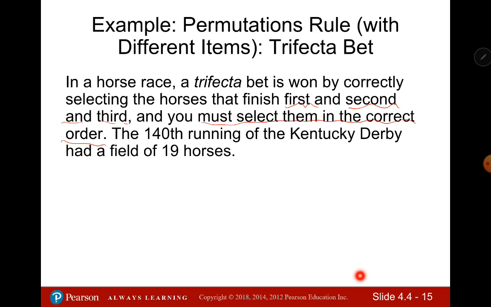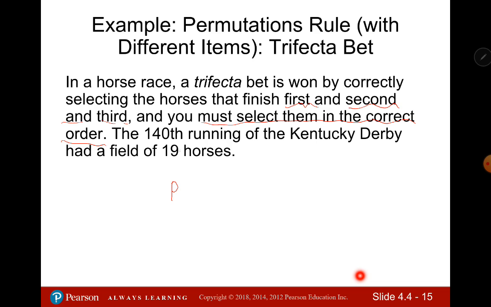If order matters, we should pick permutation or combination. If you forget that, go back to check. We should pick permutation. So we write down P first to tell us order does matter. Now we check how many different items in total.